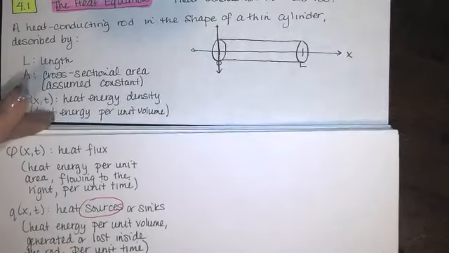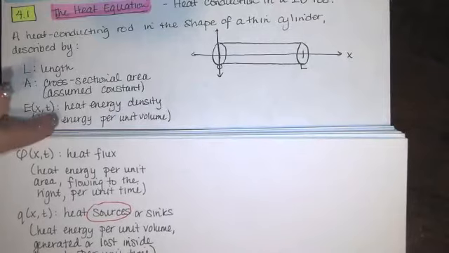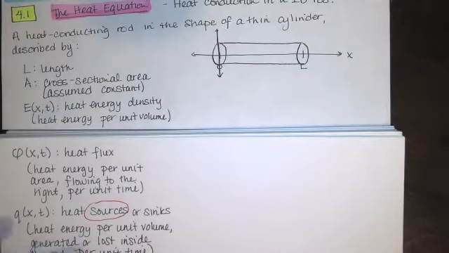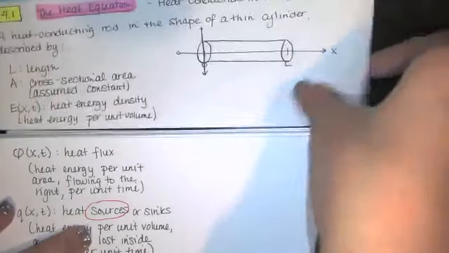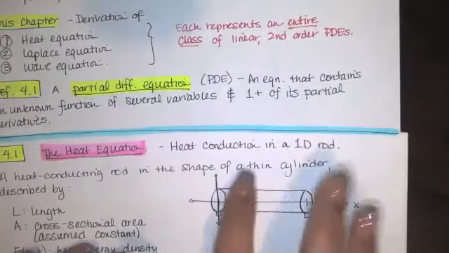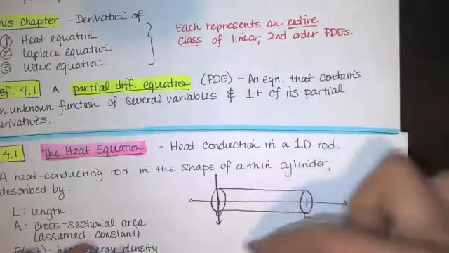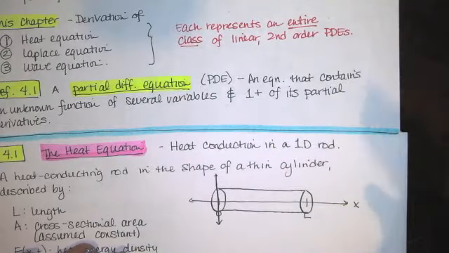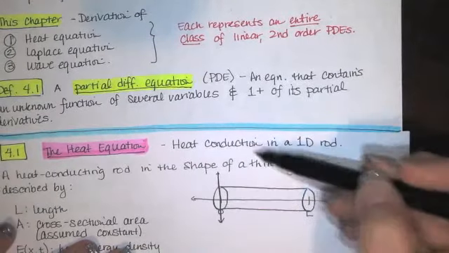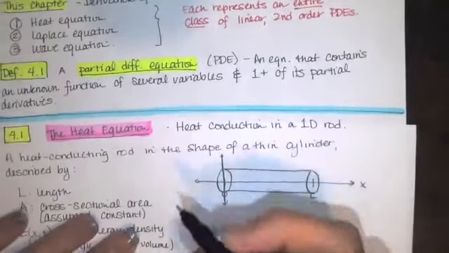Okay, so those are our physical parameters. And there are some assumptions that we're making. One of the assumptions is that this lateral cylindrical surface of the rod is insulated. So there's no heat exchange across this part in the middle.